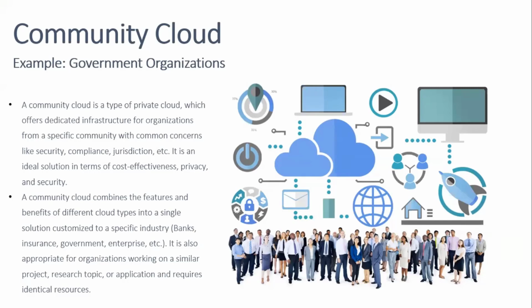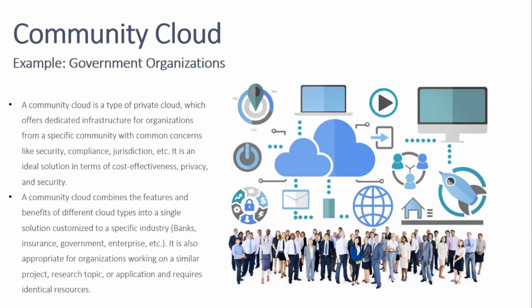So to have all the applications follow the same set of policies, we use this community cloud. This community cloud will be created based on the set of security requirements that we need, or based on the compliance types that we follow, or based on the privacy that the applications need.